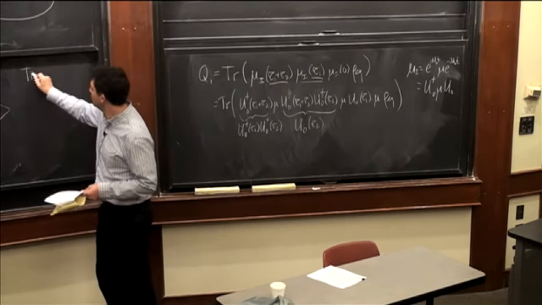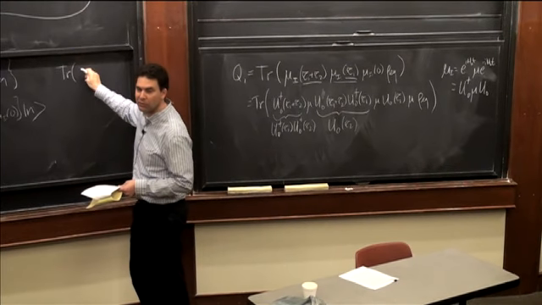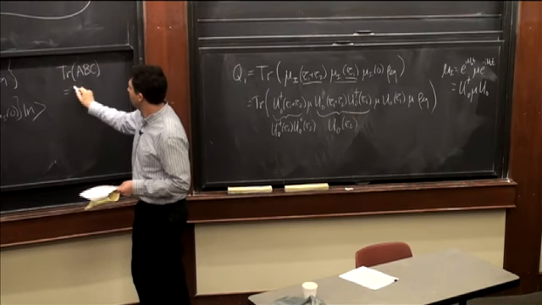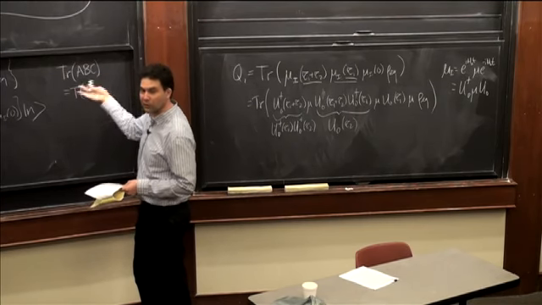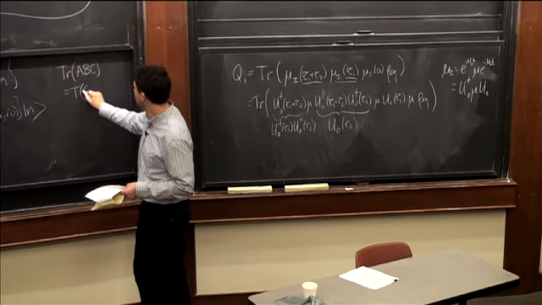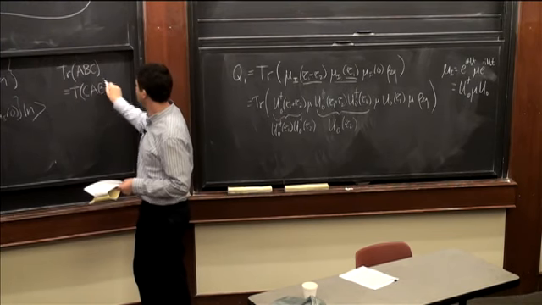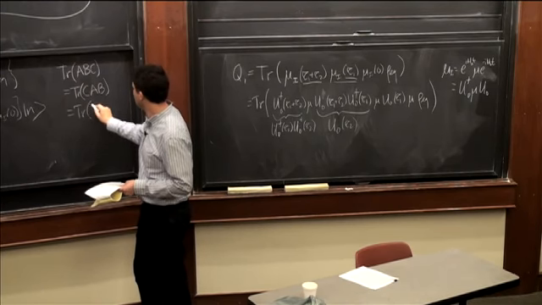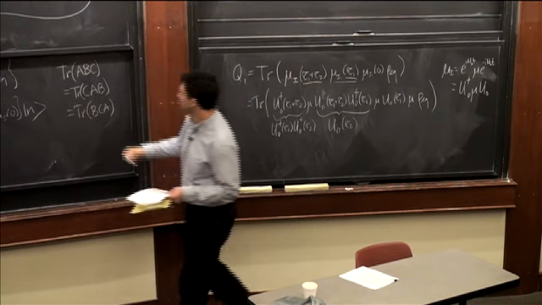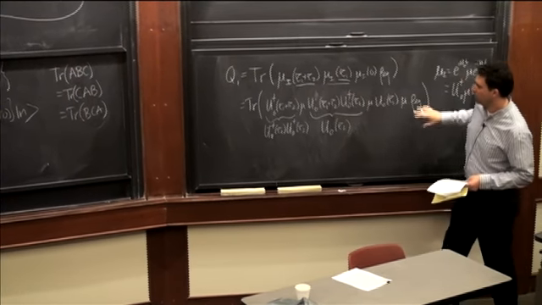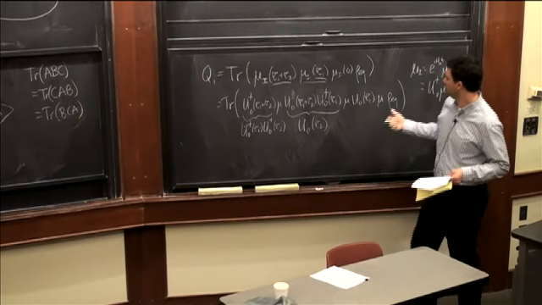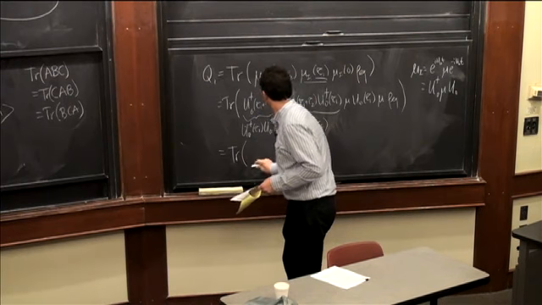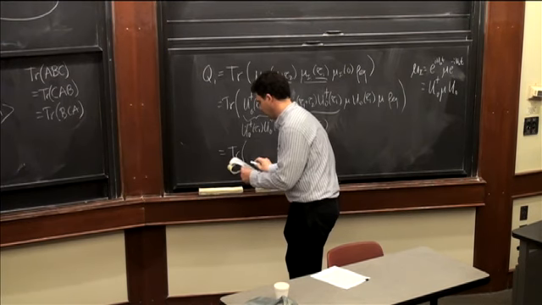So if we want to evaluate the trace of a product of many matrices, A, B, C, this is identical no matter how you invert the order, as long as you keep track of doing it cyclically: C, A, B, B, C, A. All right. So we're going to bring this set of time propagators over to the other side.